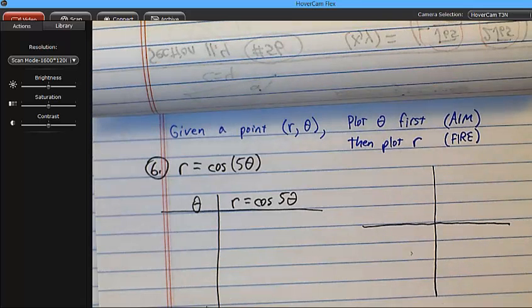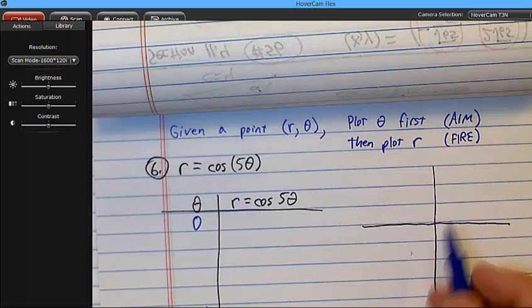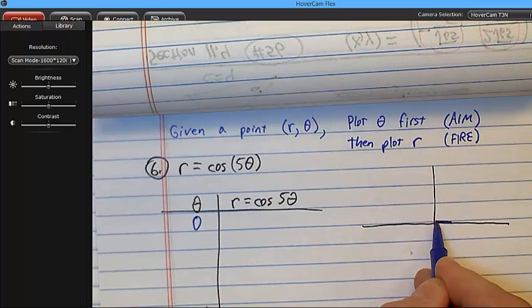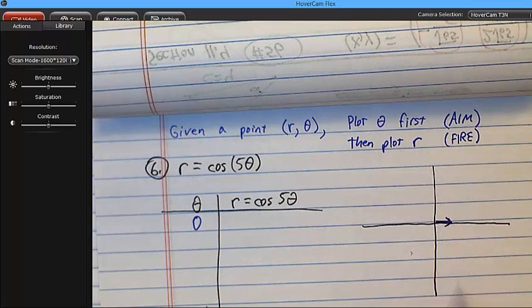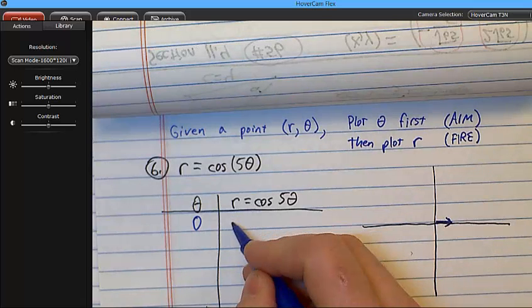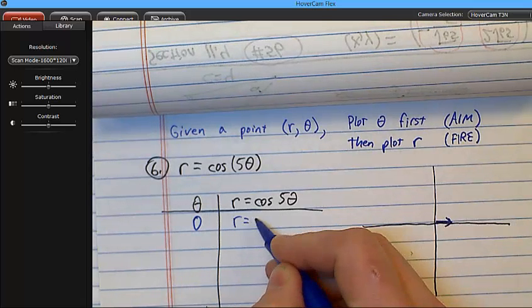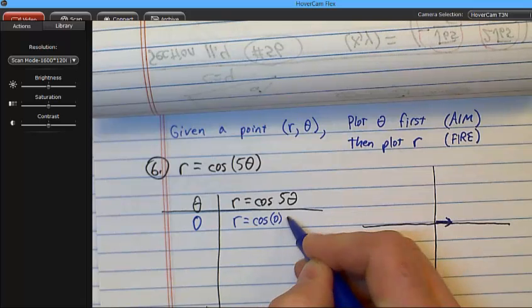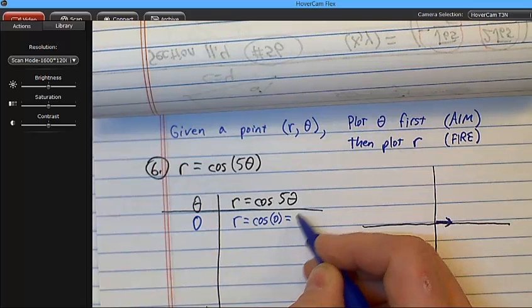So when I start, I like to start with 0. When I pick theta is 0, that means I'm aiming in this direction, right? That's an angle of 0 radians. Okay? And now I'll compute r equals the cosine of 0, which is what? 1.